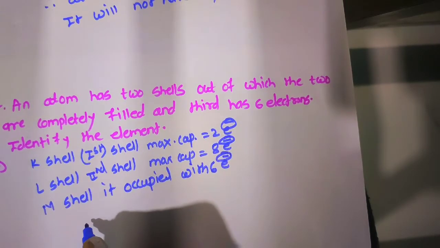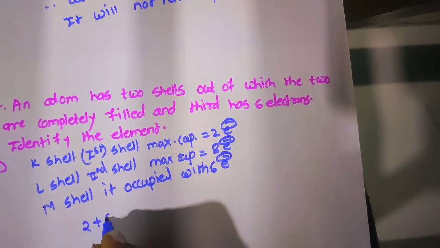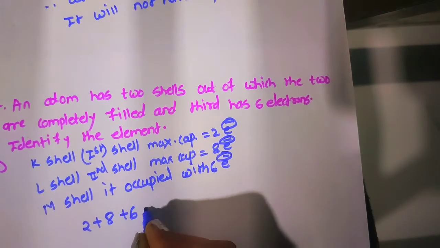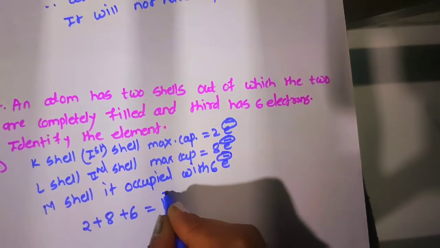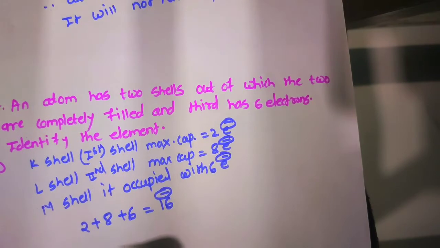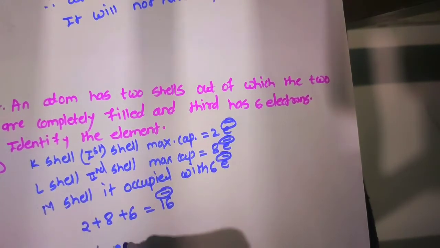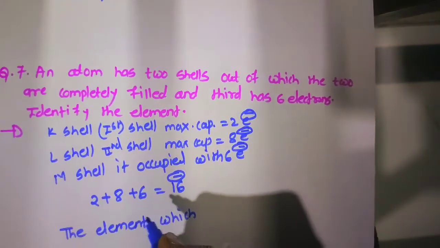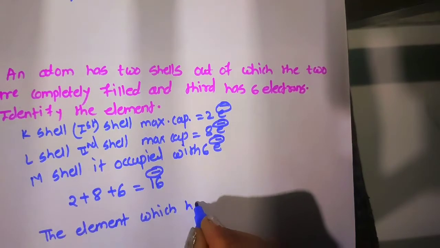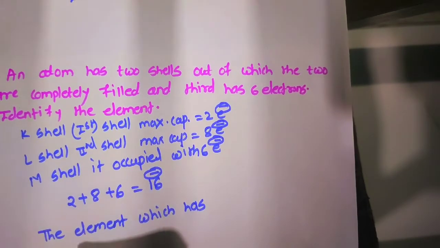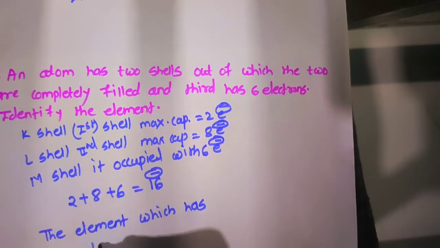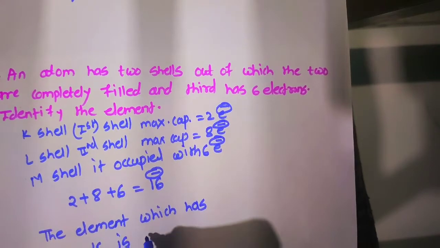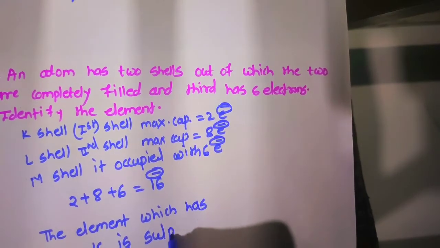So total electrons would be 2 plus 8 plus 6 is equal to 16 electrons. The element which has Z equal to 16 is sulfur.